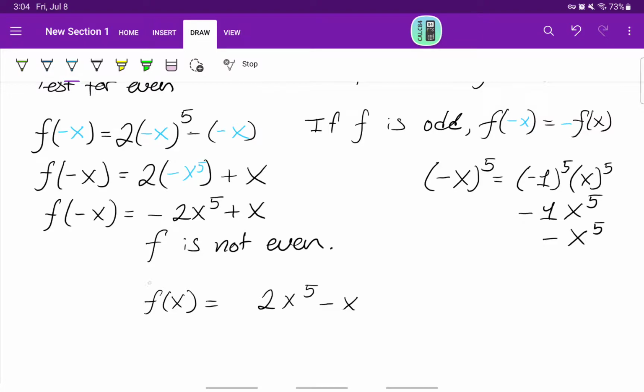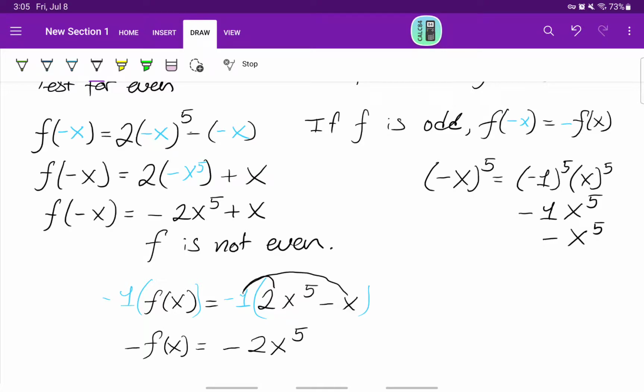And we're going to multiply both sides of the function by negative 1. Negative 1 times f of x gives us negative f of x. Negative 1 times 2x to the 5th is negative 2x to the 5th.